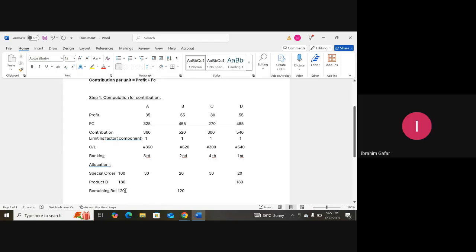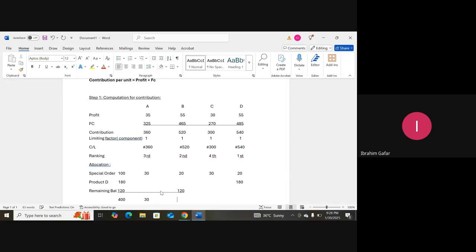So then we can cast. Since we don't have balance again, this one becomes 400, the available. This one becomes 30.